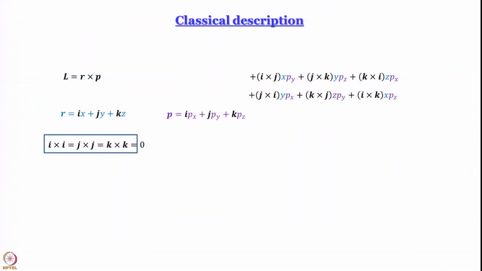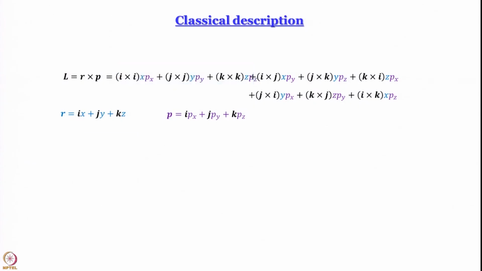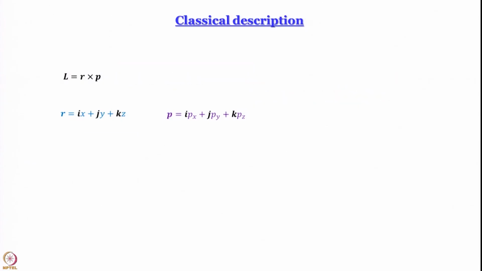So, here goes. Let us start at the very beginning, and since I have got a feedback from many of our potential students that they would like to have things done from scratch as far as possible, we will start at the very beginning here. We will talk about the classical description, the classical definition of angular momentum.